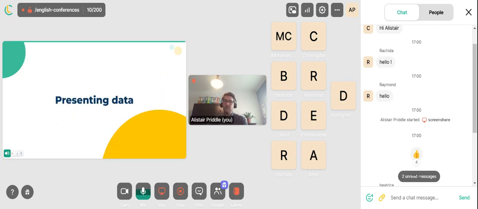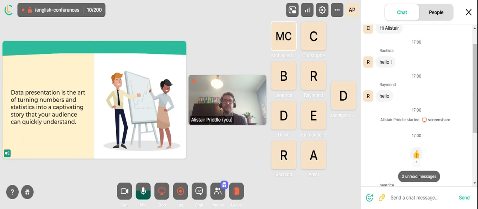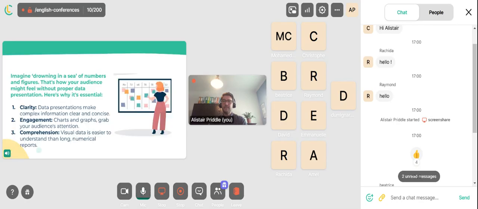So let's have a look at presenting data. As we said before, data presentation is the art of turning numbers and statistics into a captivating story that your audience can quickly understand.